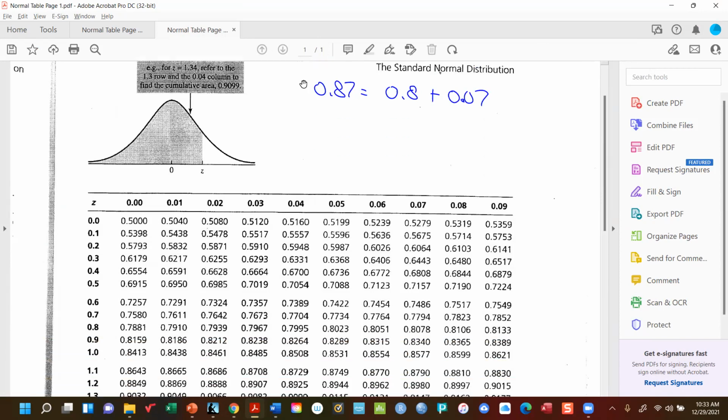So now what I'm looking for is the intersection of 0.8 and 0.07. Oh, 0.8078. Well, that wasn't so bad. So that means the probability that Z is less than or equal to 0.87 is 0.8078.